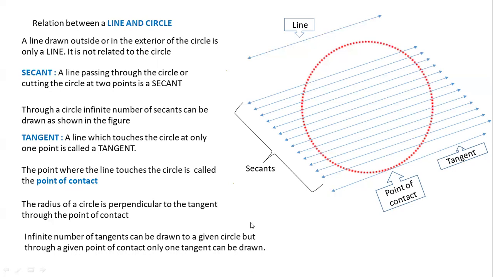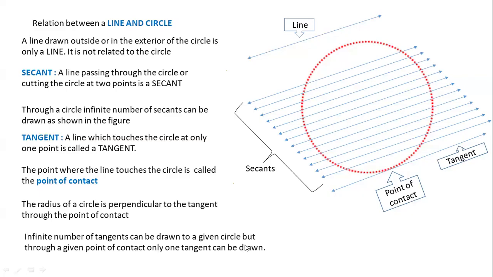An infinite number of tangents can be drawn to a given circle. So you have a tangent which you have drawn from this one point of contact. I can take another point of contact and draw one more tangent like this. I can take the next point, again draw. I can draw one tangent here, and here. So an infinite number of tangents can be drawn.